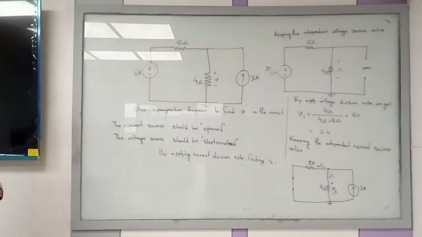So using the current division rule, finding I2. If I can find I2, I can easily calculate V2 from there, right?